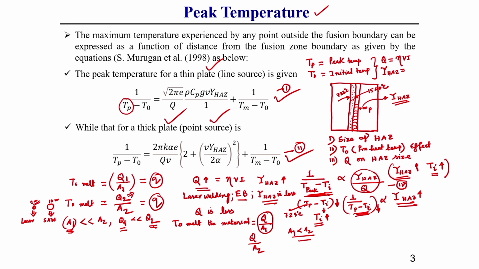In laser welding, where a high intensity beam is there, the heat affected zone size is less, as in laser beam and electron beam welding, where the beam intensity is high, whereas the heat affected zone size is generally more in bigger diameter heat sources like submerged arc welding and SMAW. This you should keep in mind.